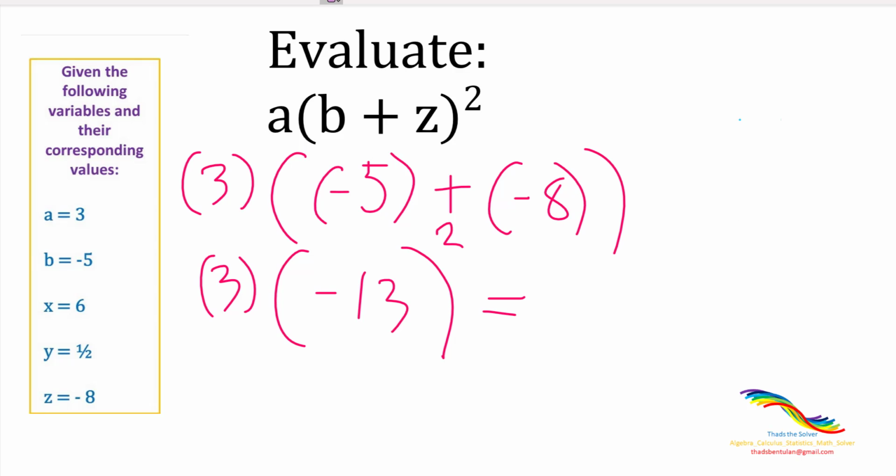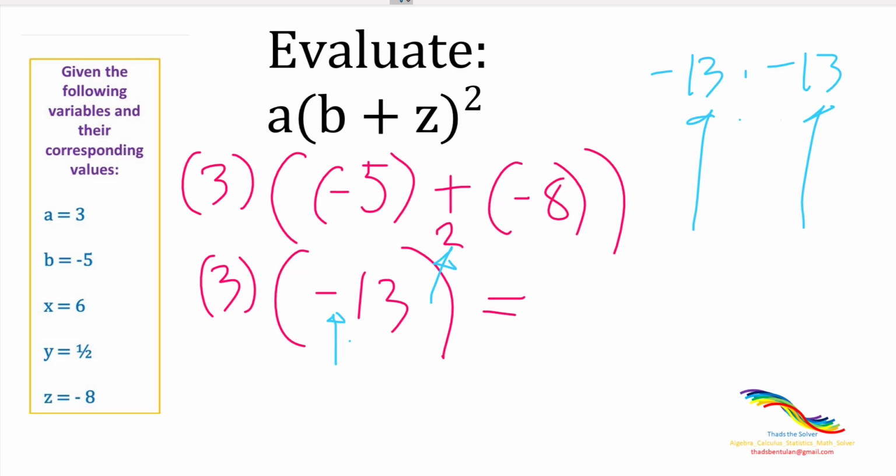13 squared, that's 169. Now remember, this is a negative raised to an even power, 2. If a negative number is raised to an even power, the result is positive, because it actually looks like this: minus 13 times minus 13, so it's done twice.